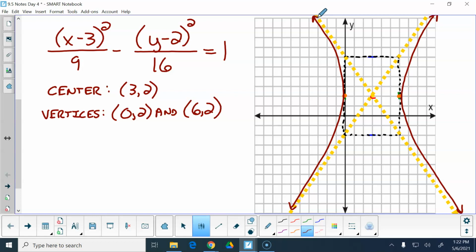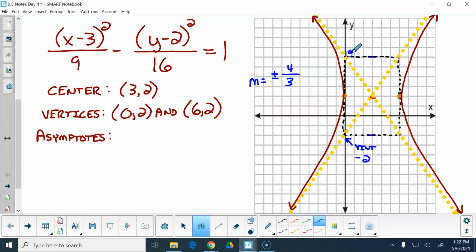We can then find the asymptotes. The slope of the asymptotes is going to be plus or minus b, which is 4, over a, which is 3. We got it nice because the edge of the box is on the y-axis. So this one down here has a y-intercept of -2.